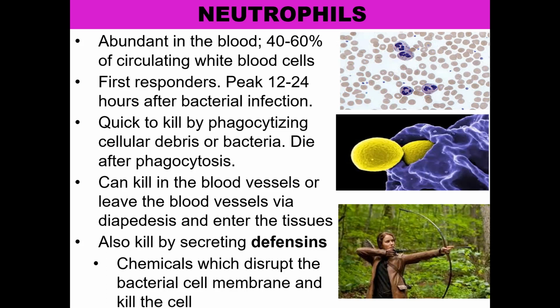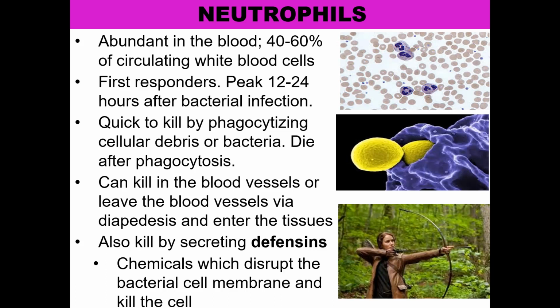And then the neutrophils usually die after phagocytosis. So they're going to leave a giant mess, but they're going to have killed some things. The macrophages will come in later after the neutrophils and clean up the mess that the neutrophils left. They will phagocytize the dead neutrophils as well as any other invaders.